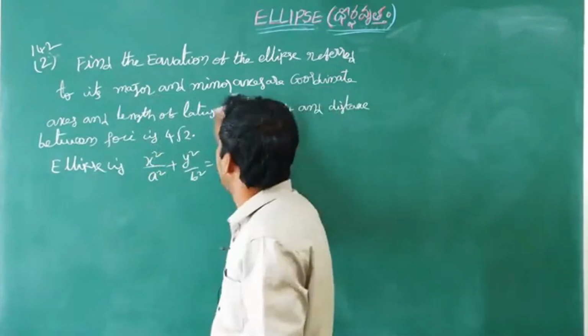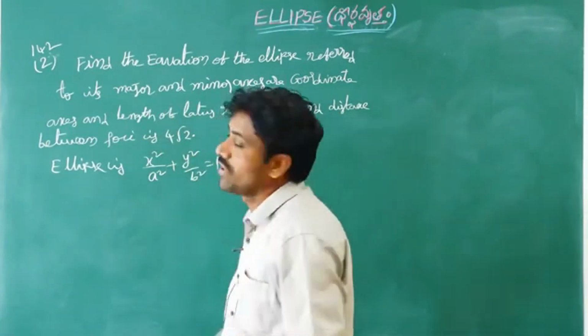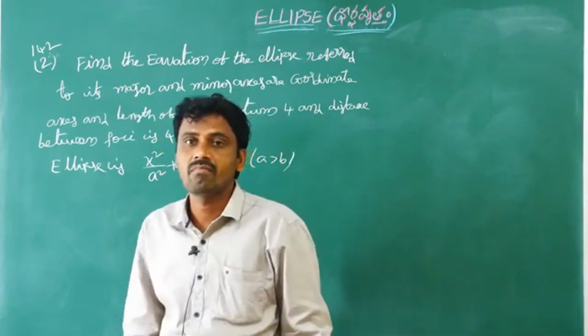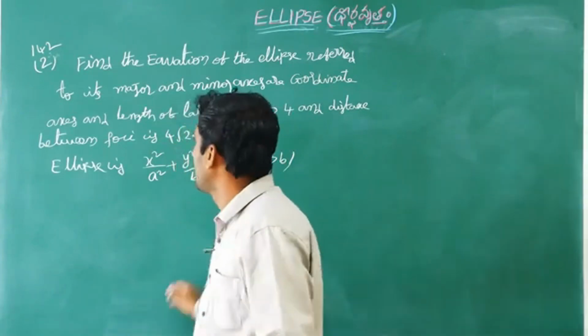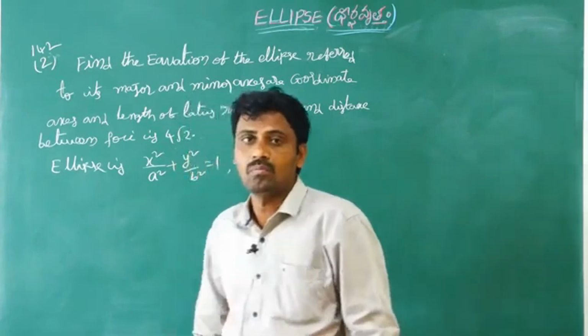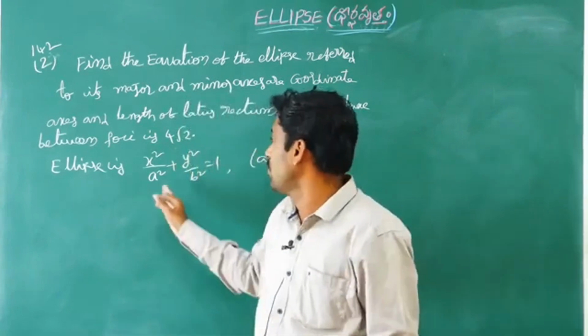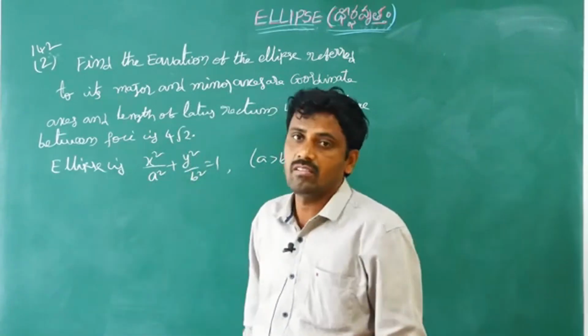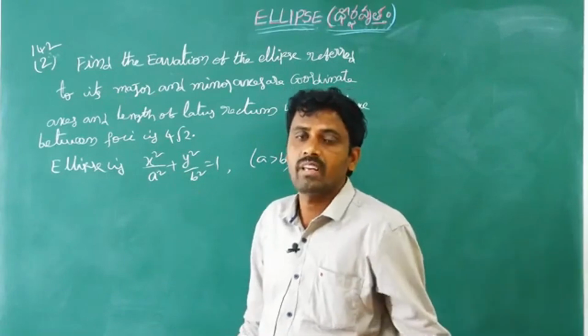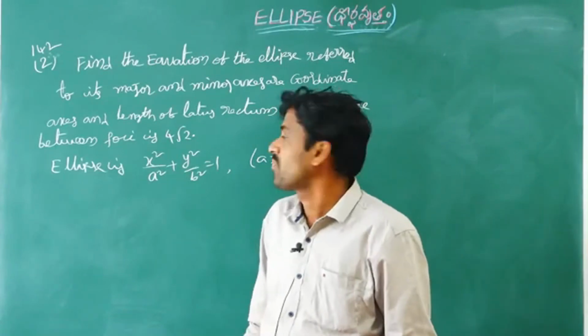Next, length of latus rectum 4 is given and distance between foci is 4 root 2. From these two we can find out a and b values. Finally the equation of the ellipse comes.